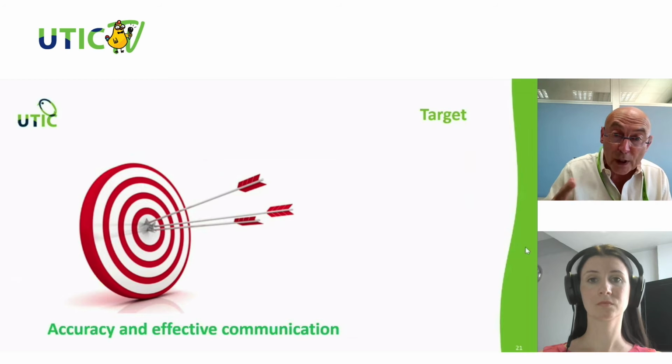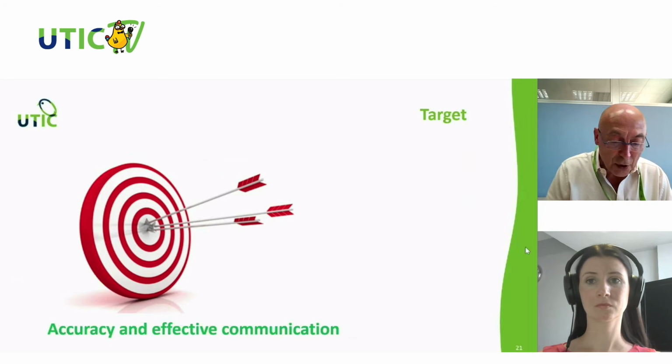And this is what Tatiana will explain in the second part of the presentation. So this concludes my part, and I pass the microphone to Tatiana for the very interesting second part about Russian. Thank you.